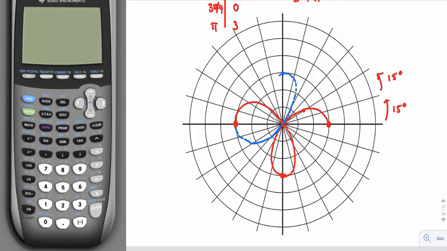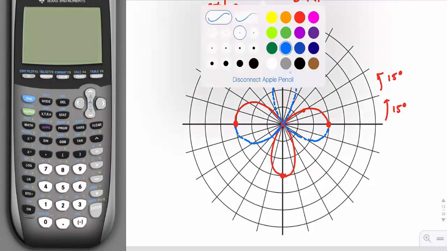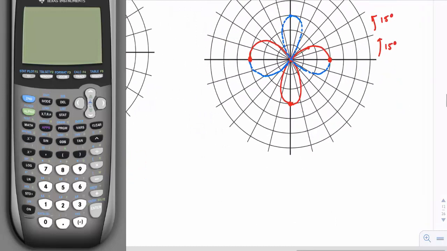We're going to get our 4 loops, which it will complete right here. Once you recognize these patterns, you can finish it without having to plot all the points. You just have to get the first couple to get you going. So as you look at these graphs, this one is called a rose curve. So this has a name to it.